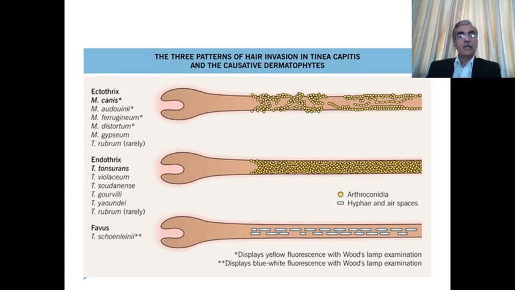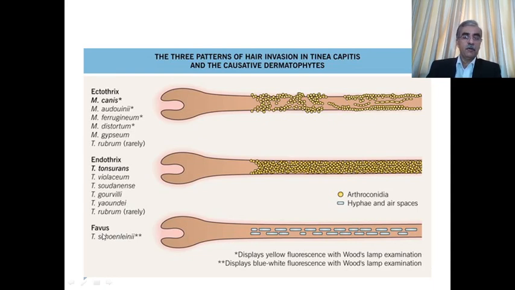In this picture we can see ectothrix, endothrix and favus. In ectothrix we can see the fungal elements outside the hair shaft, and that gives a gray color, and in endothrix the fungal elements are inside the hair shaft, which makes the hair too brittle, and the break is just above the surface of the scalp, so black dots will be seen clinically.